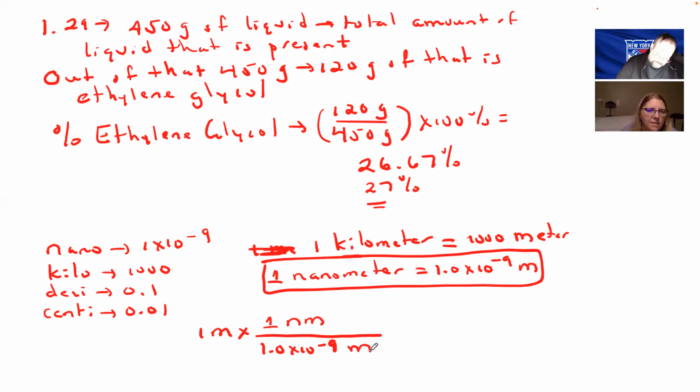Because now when you multiply, the meter cancels. So what you would do here is divide 1 by 1.0 times 10 to the minus ninth, and that should give you 1.0 times 10 to the positive ninth nanometers. Correct. Okay, that makes a lot more sense.